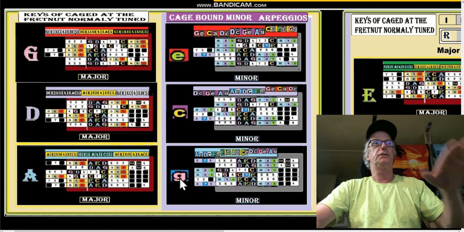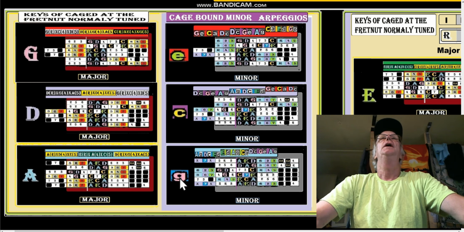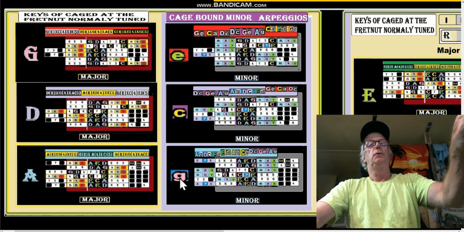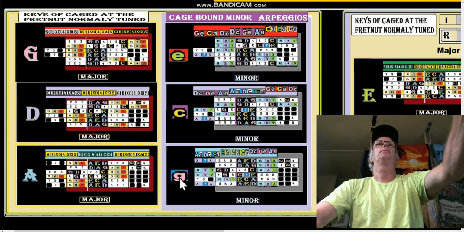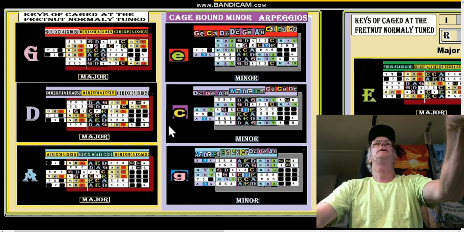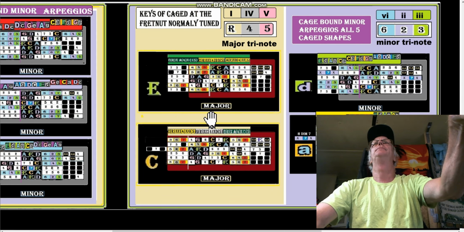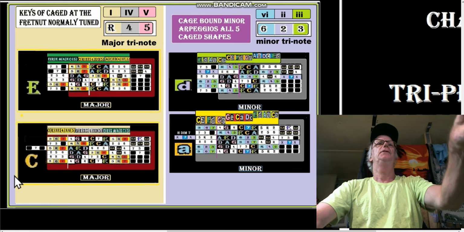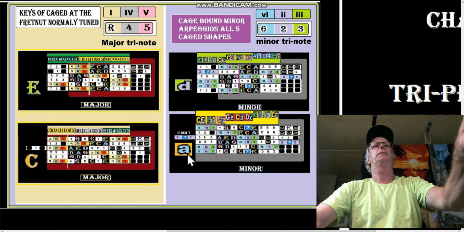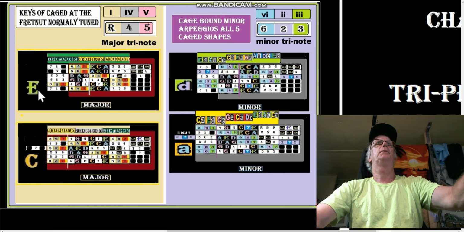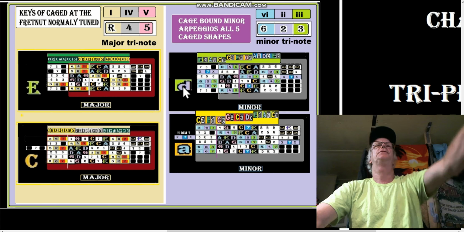CAGED spells a descending pentatonic scale. So if we're going from root, we're going down to the sixth shape. So from root would be the C shape, kind of over here. All right, the C shape would go to the A shape. Okay, the E shape will go to the D minor shape.